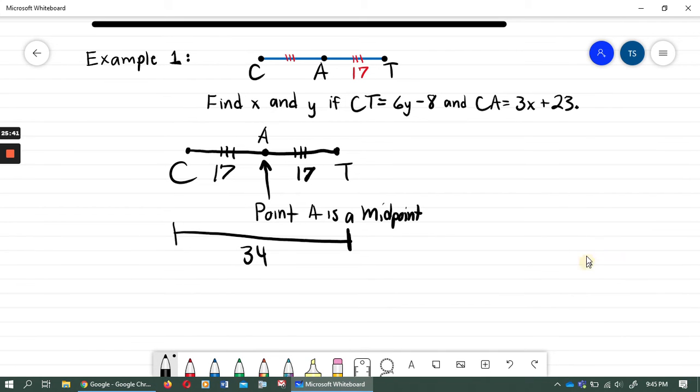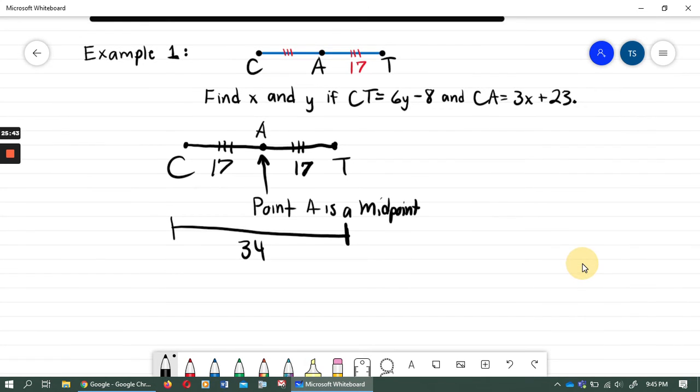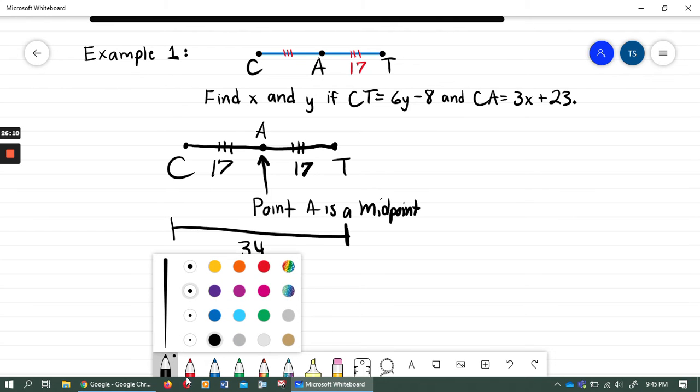So let's go ahead and figure out what it is they were actually asking us to find. So in this problem, since we have used our logic and common sense, and applied what we knew about those congruency marks, and about the fact that point A was a midpoint, let's figure out what they're asking us to find.